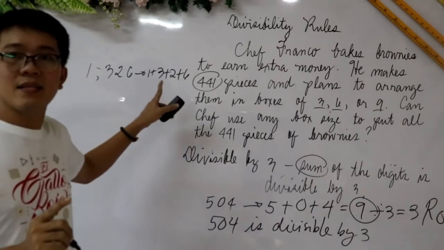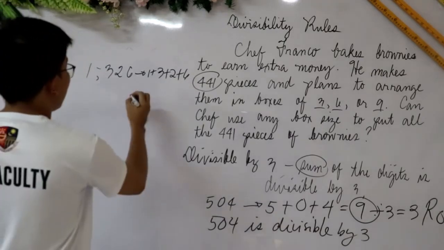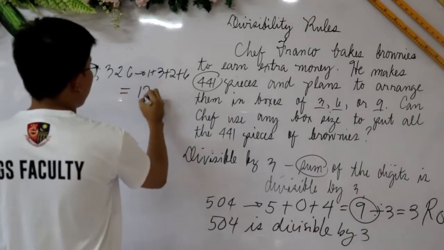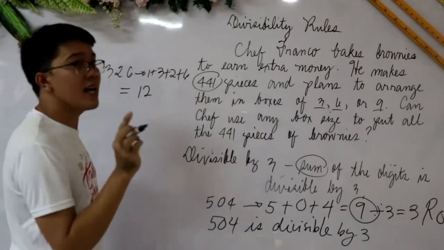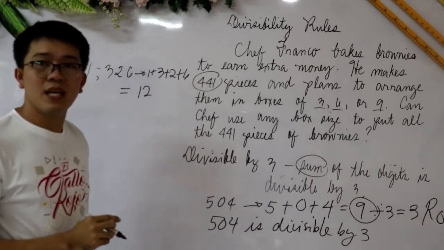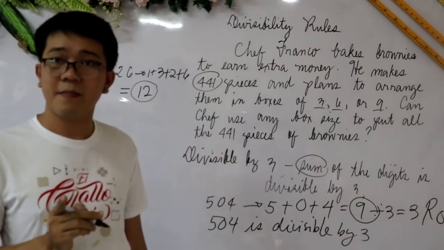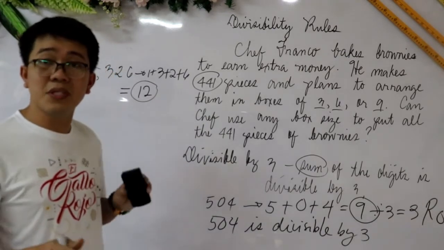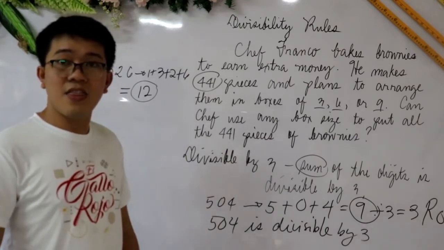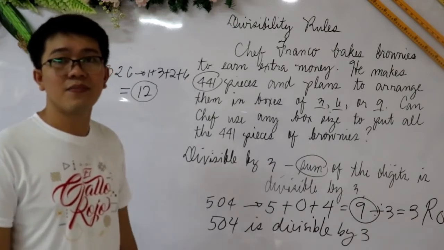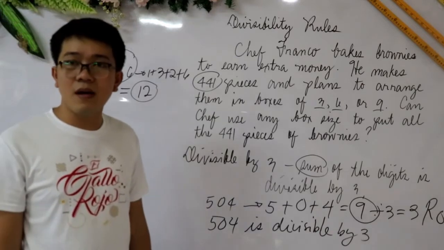Yes, the sum is 12, because 1 plus 3 is 4, and 4 plus 2 is 6, and 6 plus 6 is 12. Now, is the sum divisible by 3? Definitely, because 12 is a multiple of 3. Skip count like 3, 6, 9, 12, and there is no remainder. So we're going to say now that 1,326 is divisible by 3.